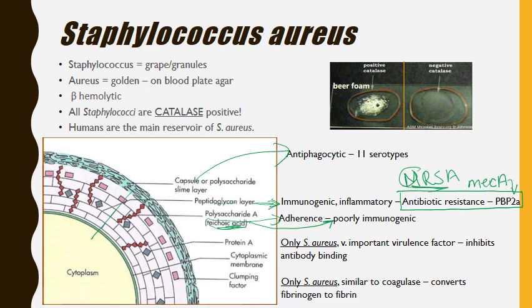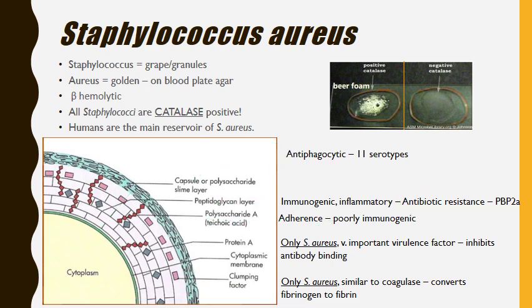So then you have MRSA. While it itself is not necessarily a pathogenic molecule, the fact that it plays such a heavy role in how we treat this disease makes it an important pathogenic characteristic to be aware of.